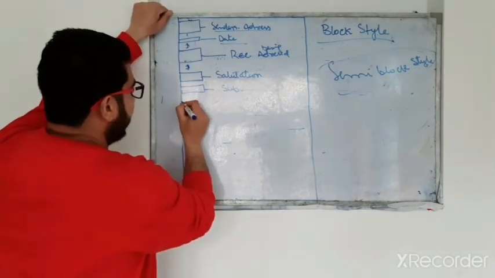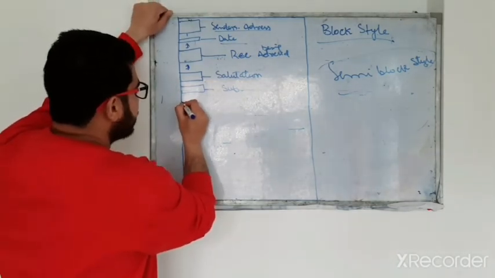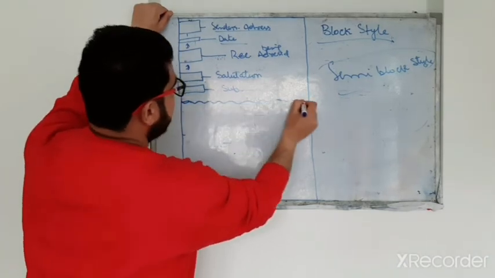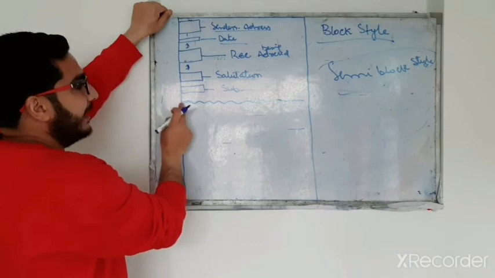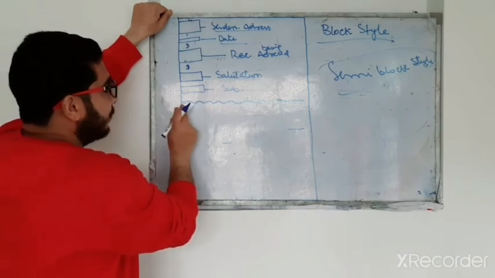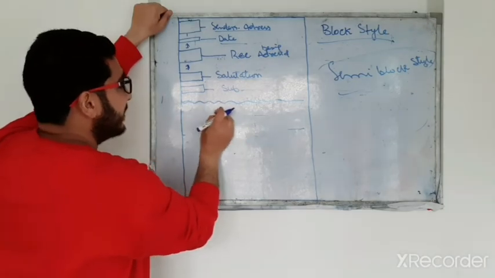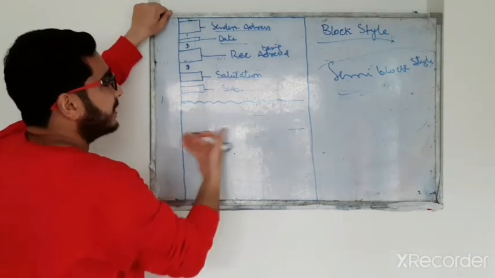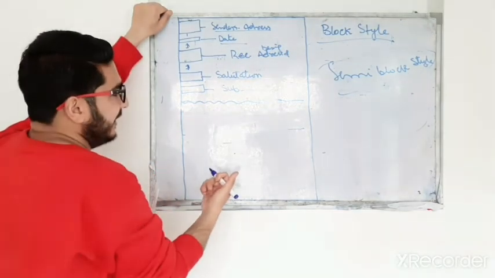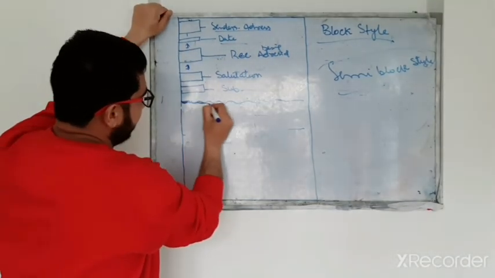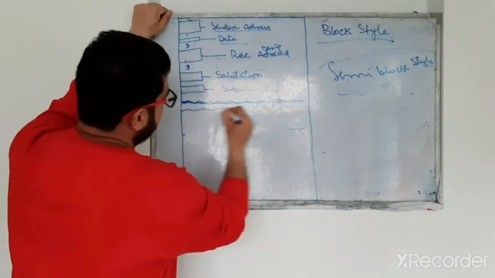Every line of the body should start from the left margin. We don't have to leave any spaces while we start writing the body of the letter, we shall start from this line and go on.